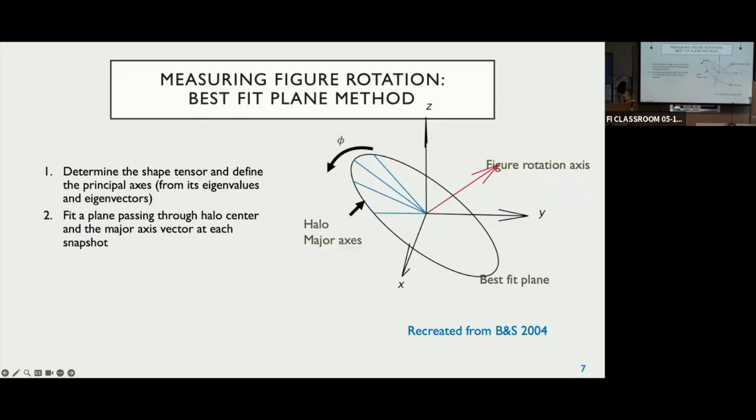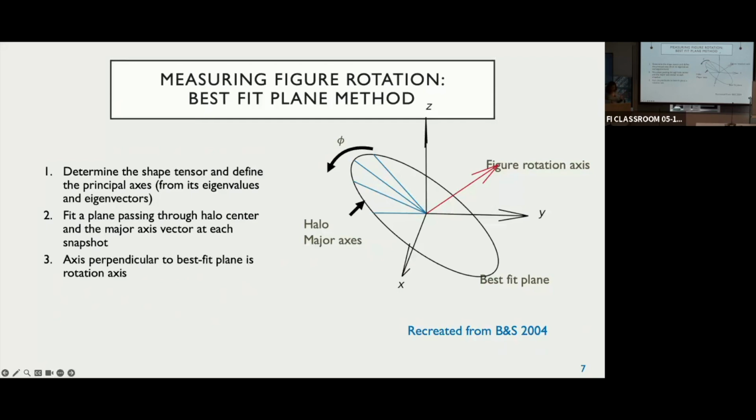Then by monitoring how the long axis, or the short or intermediate axis, changes over time, you can measure figure rotation. This is called the plane method. You fit a plane through the major axis, and the rotation axis is perpendicular to it. This is what was done before, but it assumes that your rotation is about one of the principal axes, right? And that is not necessarily guaranteed.